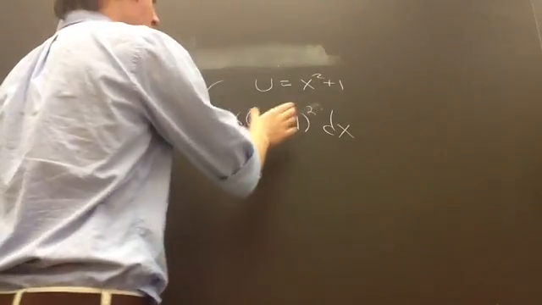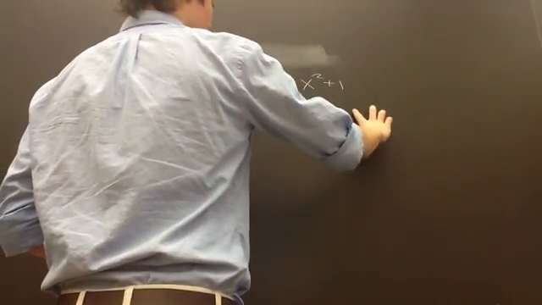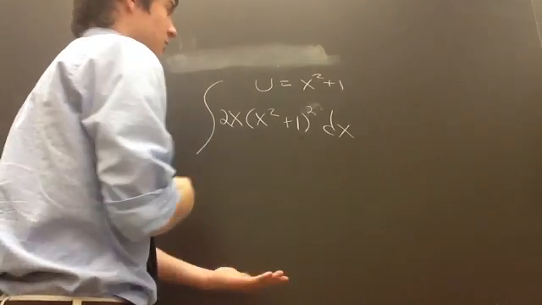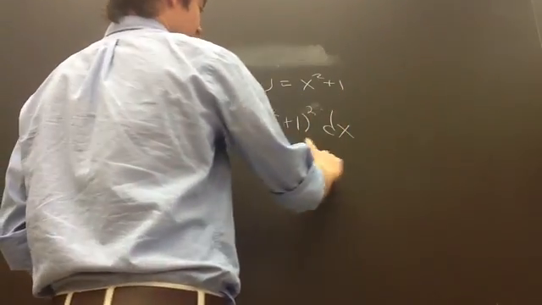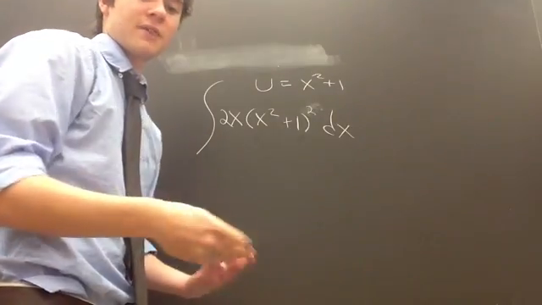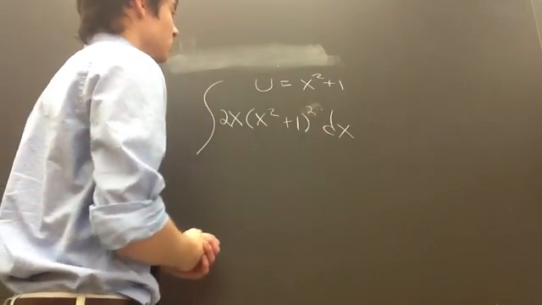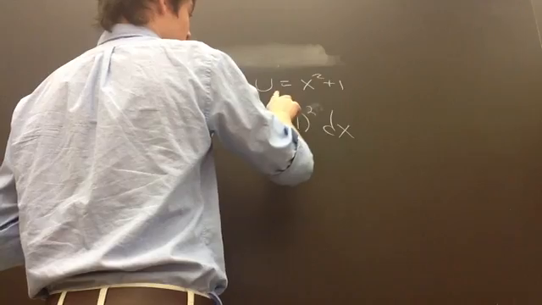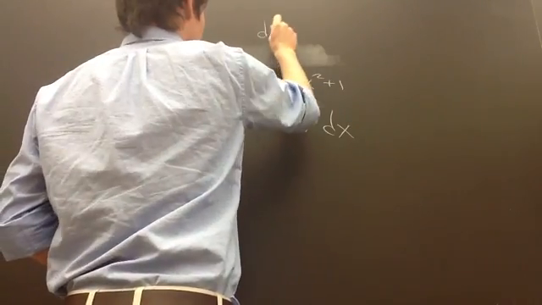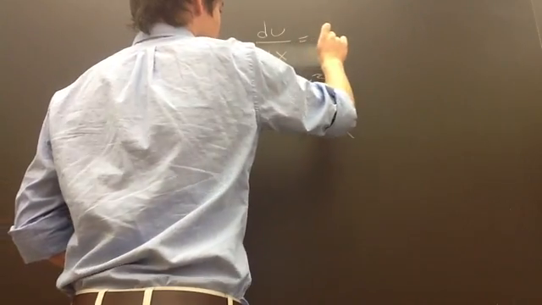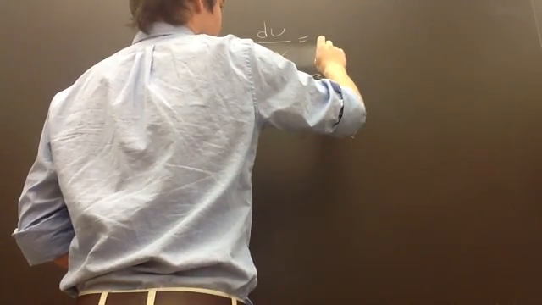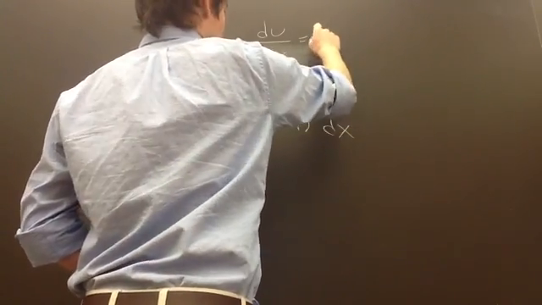Now, we want to sub in this entire thing with u. So we know that x squared plus 1 is equal to u, but we have a dx and a 2x out here. Now we have to sub that in for u. So to do that, we're going to take the derivative of both sides of this equality here with respect to x. So du/dx is equal to 2x.